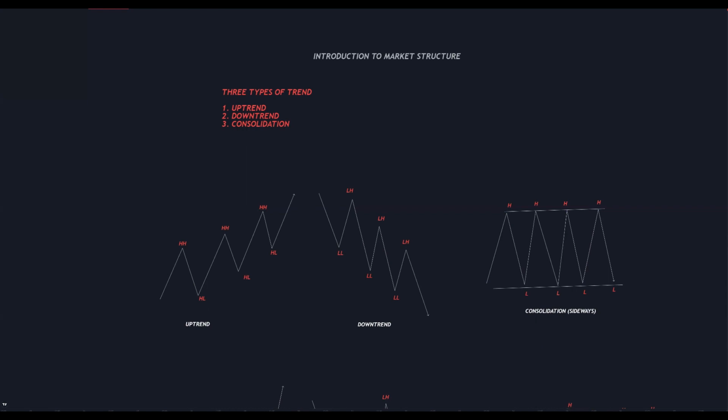Now, in a downtrend, what we do is we sell. The market is going down, and you want to be selling at highs. Remember, you sell high and you buy low. So you sell at the lower highs.